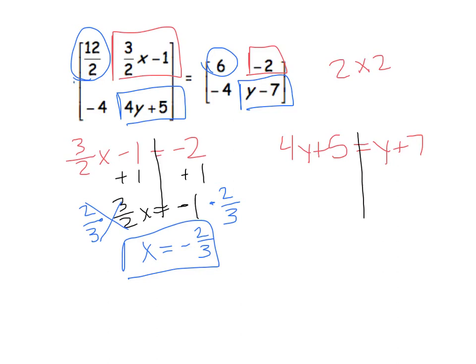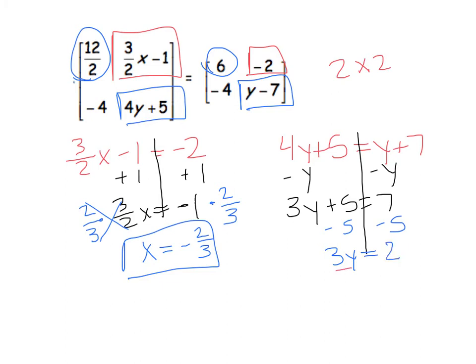So we can use our basic solving linear equations knowledge. So we get 3y plus 5 is equal to 7. Subtract 5 from both sides, so we get 3y equals 2. And divide both sides by 3, so we get y equals 2/3.